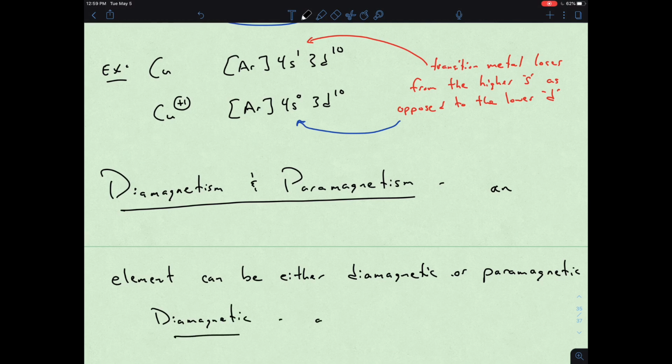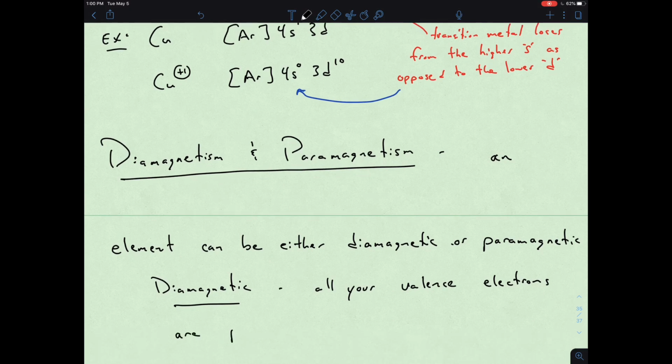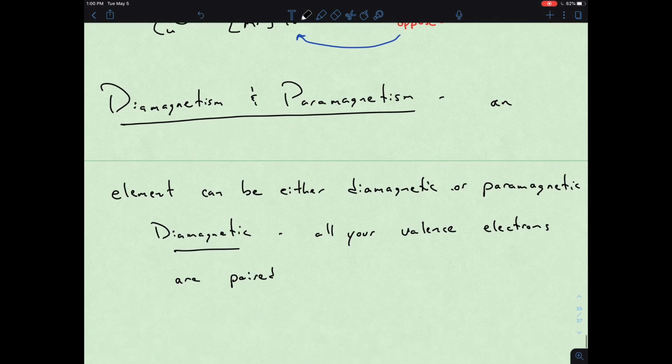Diamagnetic means that all your valence electrons are paired. This is something that is like repulsive, or I shouldn't say repulsive, really unaffected by a magnet.